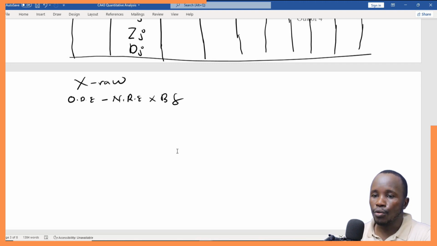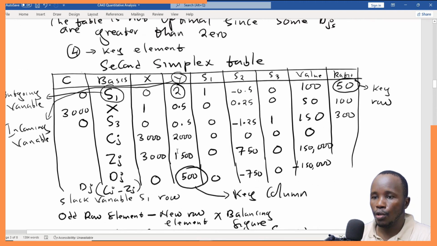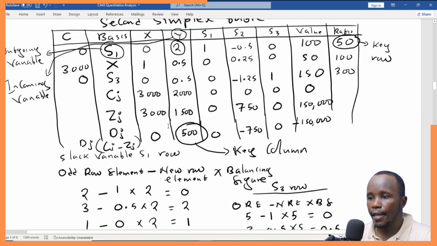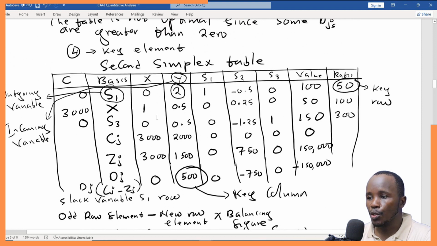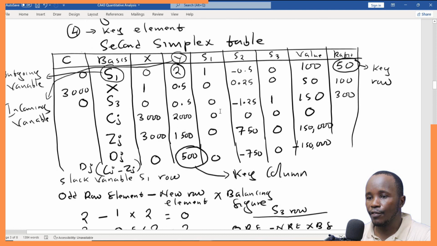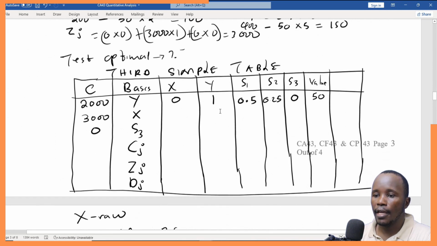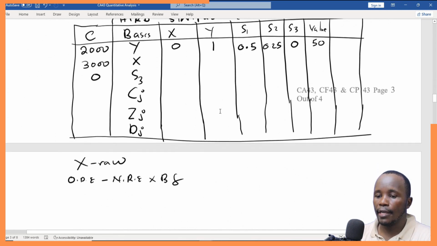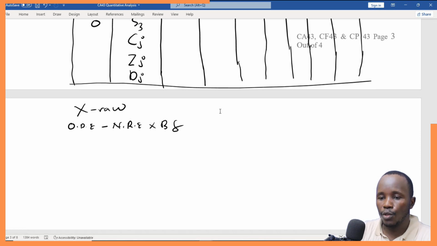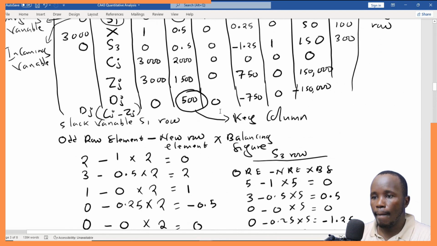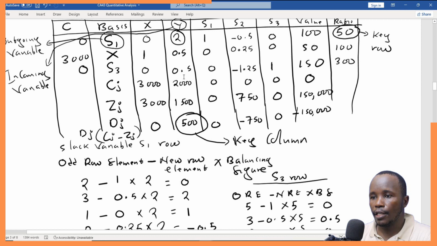I go back to the old row element. Here is 0.50. I come and record them here. That is 0.50, then 0.50, then we have X 0.50.